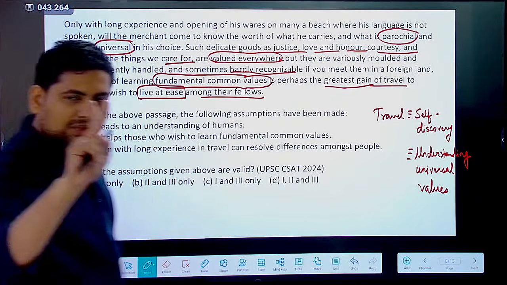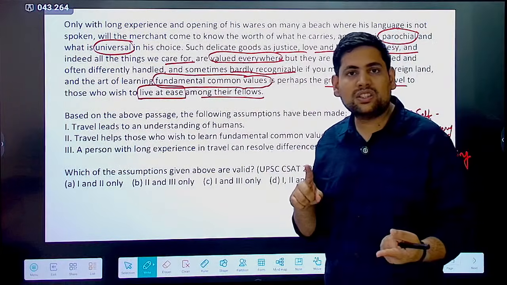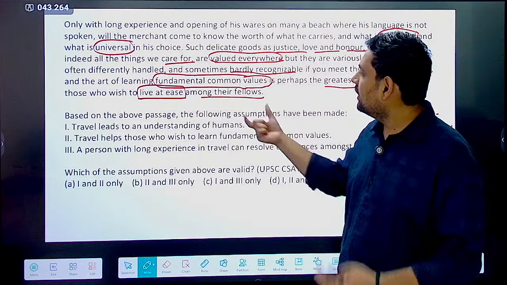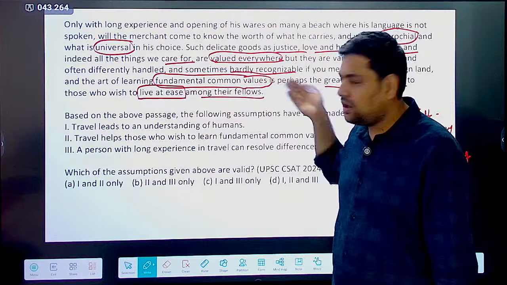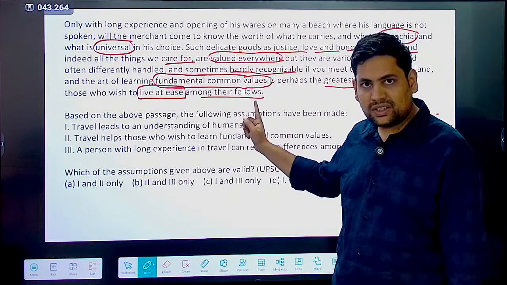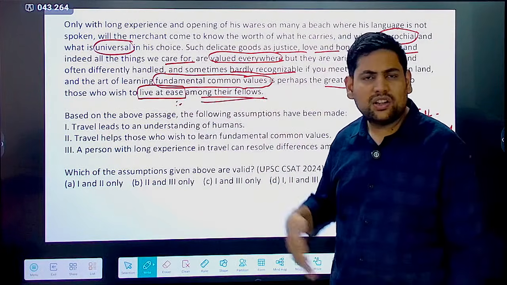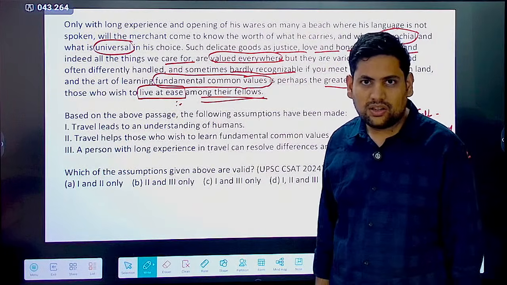So it talks about two things. Traveling is important to understand what about you is parochial and what is universal, and through this you understand certain fundamental common values that all humans have. And only when you understand this can you live at ease among other humans. This is what the passage is saying.